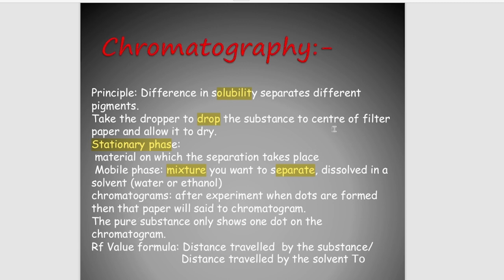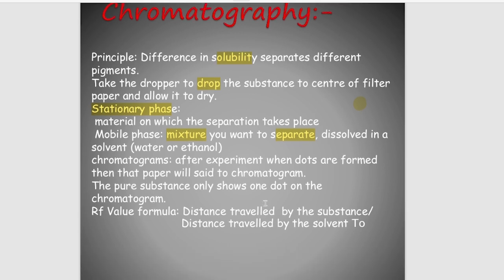The spot which we are applying on the chromatogram should be soluble in the solvent. The chromatogram is the paper which we get after the experiment, where we have the spots or dots on the paper. A pure substance only shows one dot on the paper, whereas an impure substance or mixture can show two or more dots on the paper.